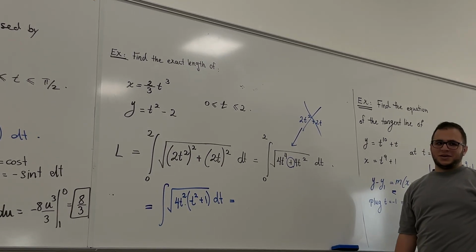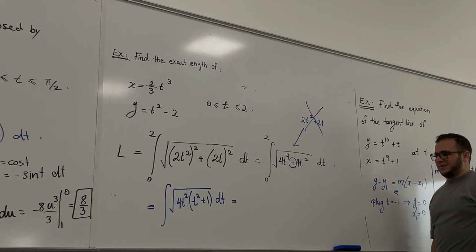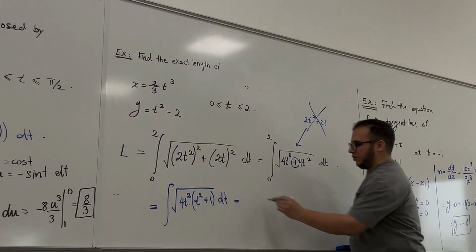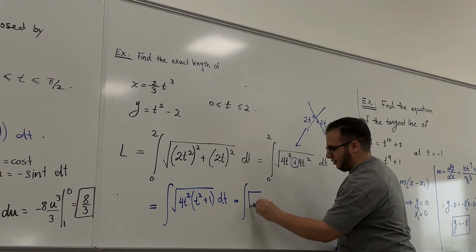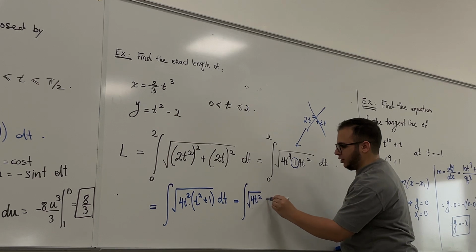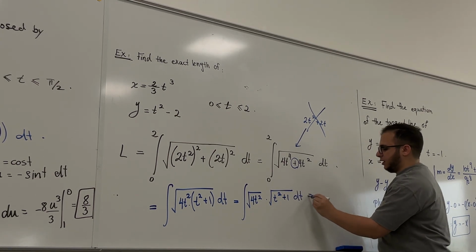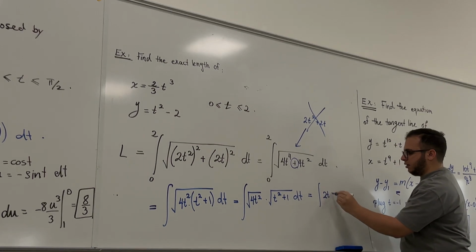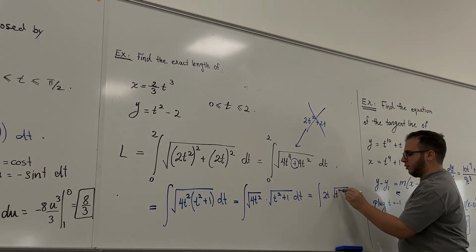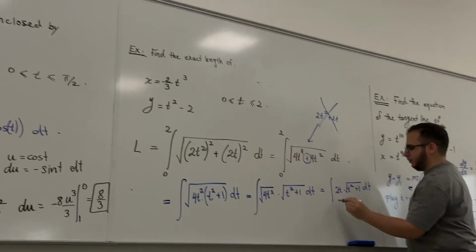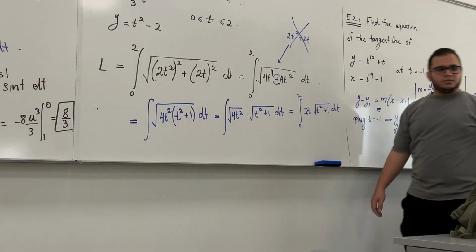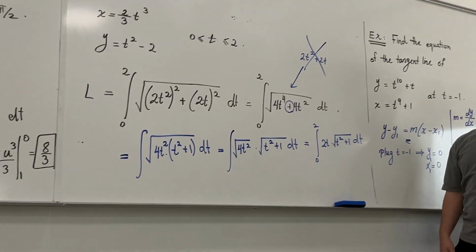I know someone will do it one time. Fine. You can distribute the root on multiplication and division, not addition and subtraction. So here I have 2t times the root of t squared plus 1 dt. Okay, this is good. Now what?